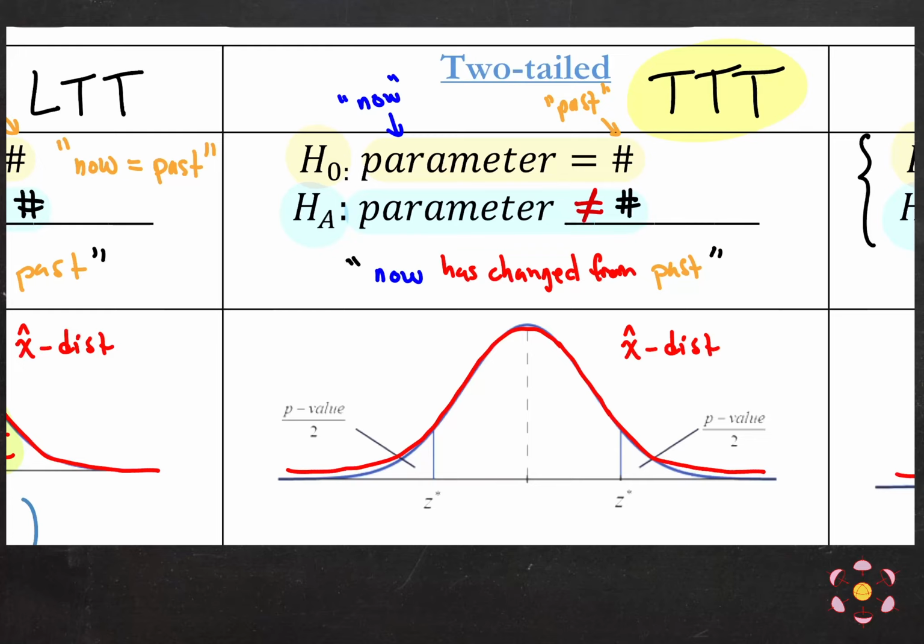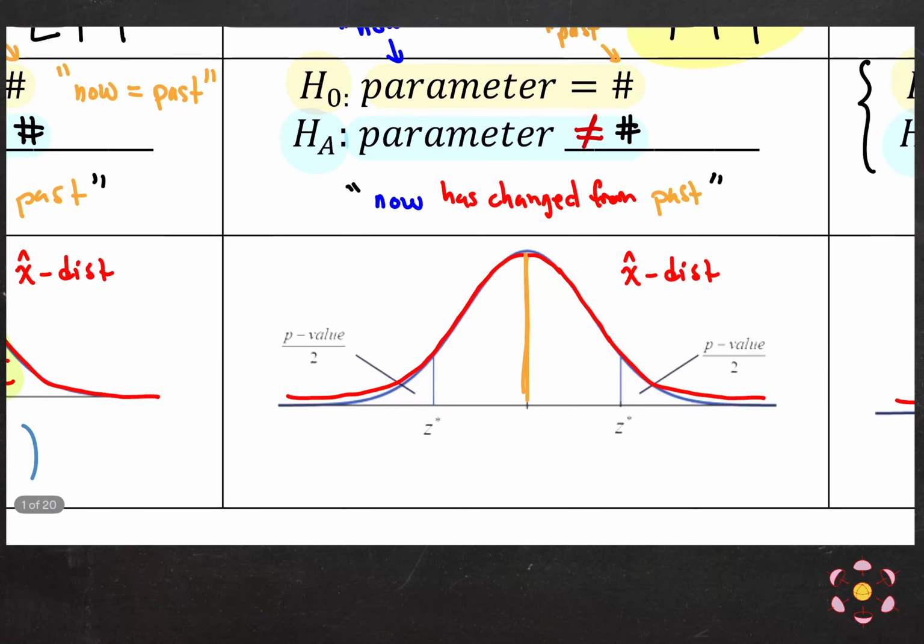Well, let's go to our sampling distribution. Let's pretend we look at every possible sample. That's the x hat distribution. Again, we put the middle at the past. Whatever our proportion is from the past, that is where the middle is. So if we collect our samples, the x hats, and they come from the green part of this curve, they could be a little bit smaller than the past or a little bit bigger than the past.